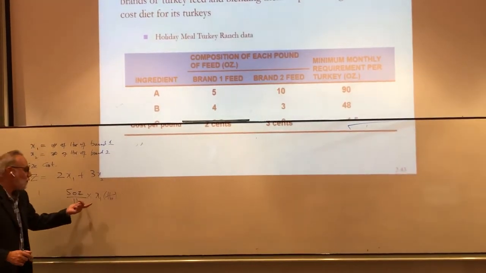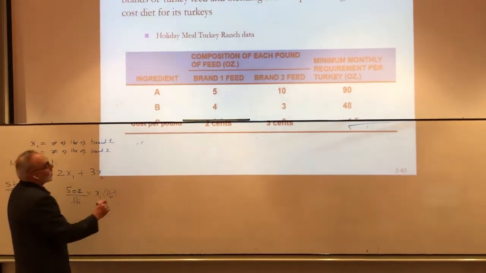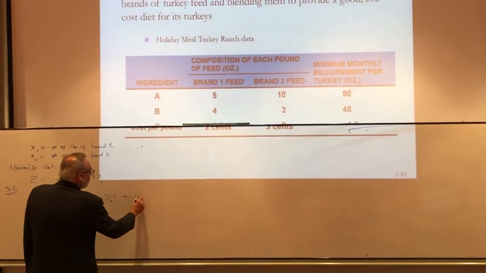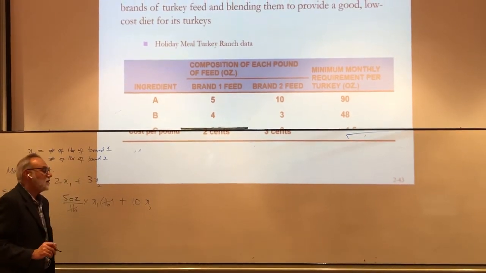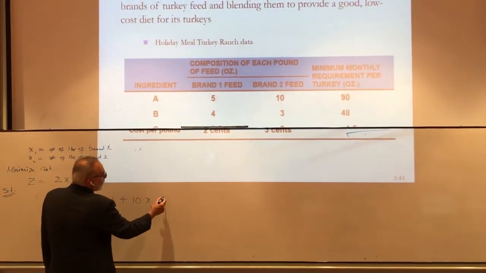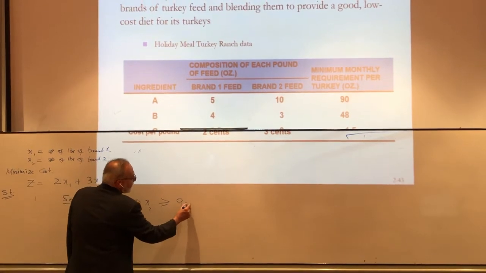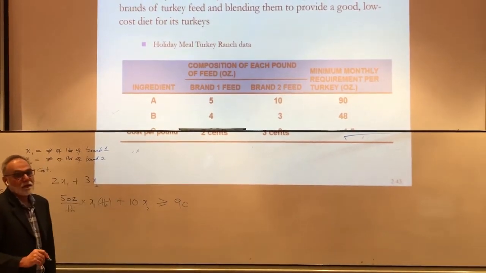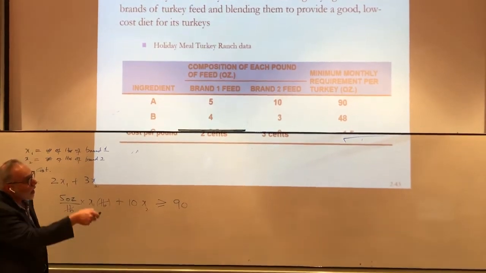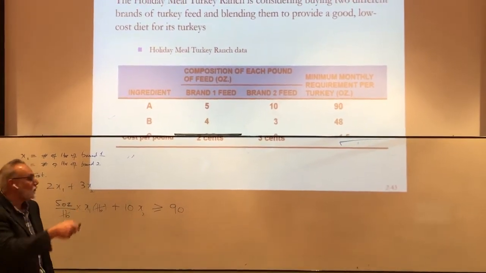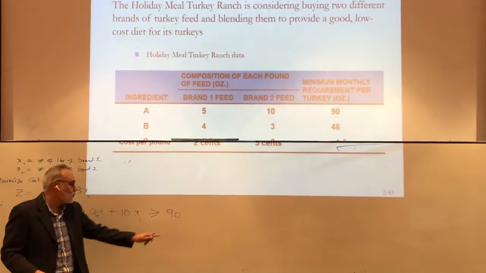So this one is 5x1 plus 10x2, should be greater or equal to 90 ounces. This is the requirement. The right hand side of the constraint is also in ounces.